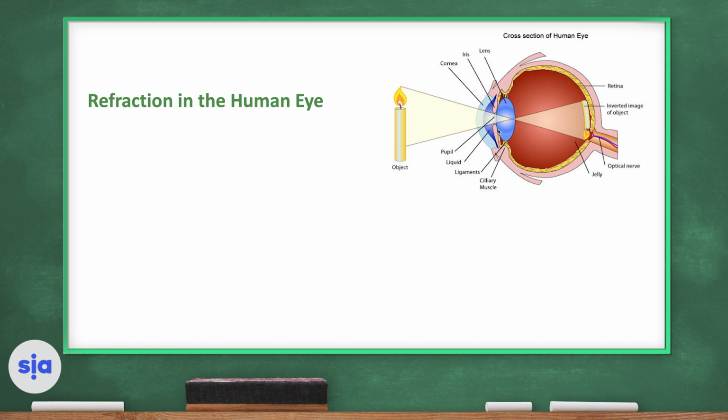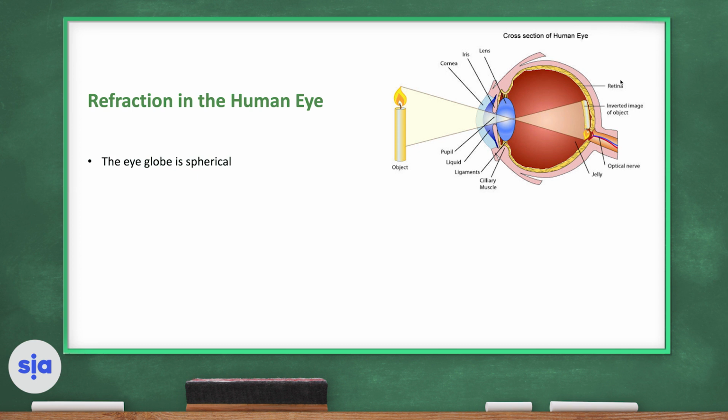Here is the lens of the eye inside the eye globe. It's a convex lens which will take the light rays and focus them on the retina, making an image.